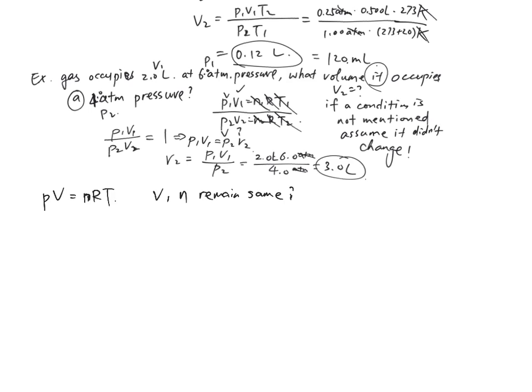Then you would have V and n and R being canceled. So P1, V1, P2, V2, n1, RT1, n2, RT2. So V remains same, V1, V2 cancel. n remains the same, n1, n2 cancel. R always cancel. You ended up having P1, P2 equal to T1, T2.